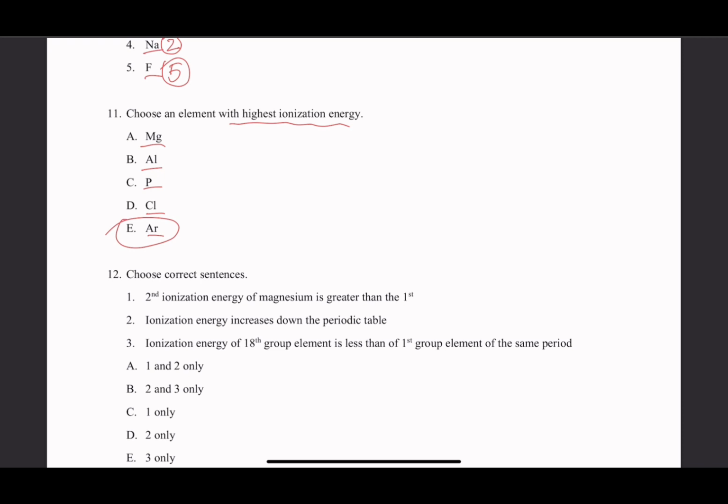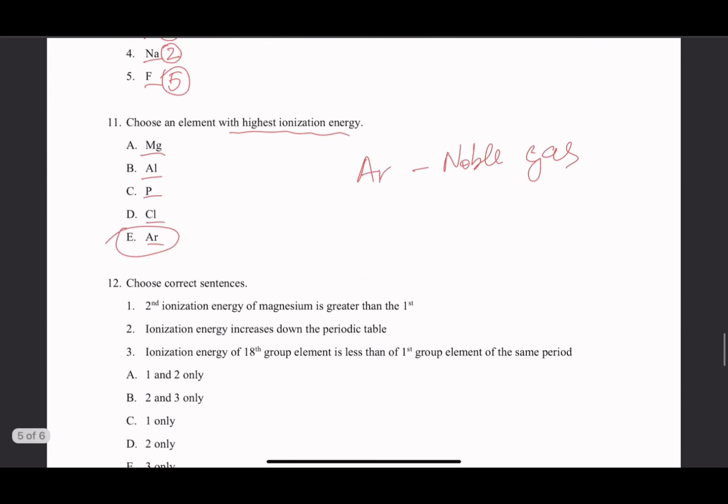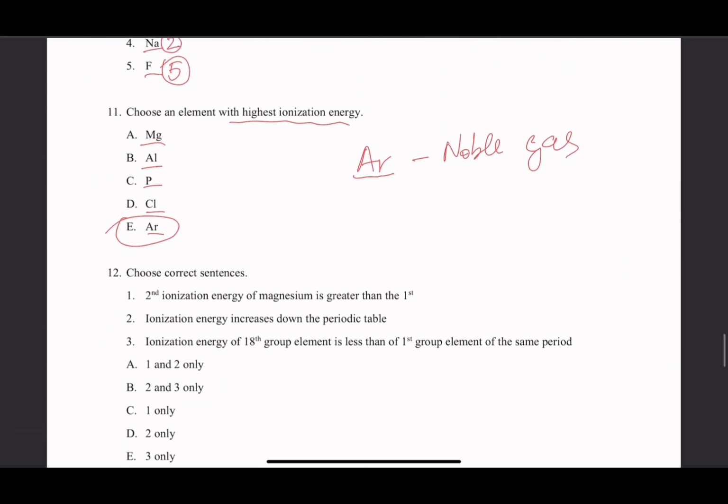The reason is that argon is a noble gas. We said that ionization energy is the energy required. Argon is a noble gas, its octet is full. Because argon is a noble gas, it doesn't react.